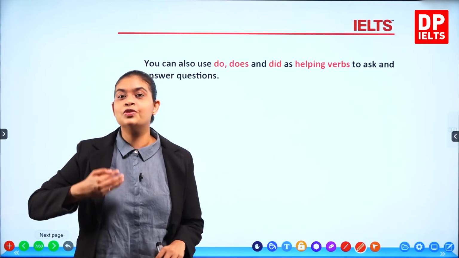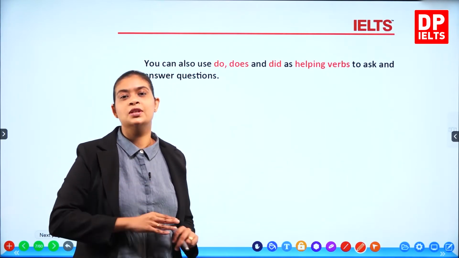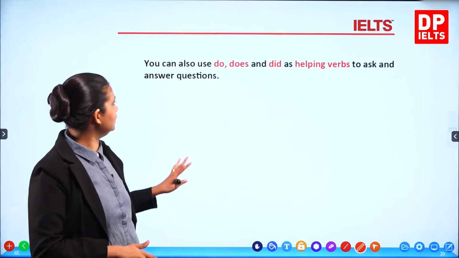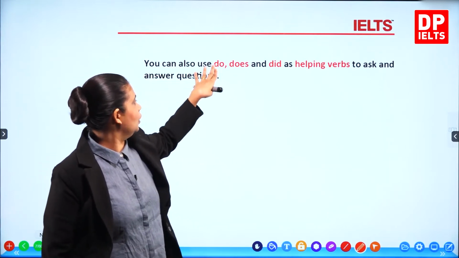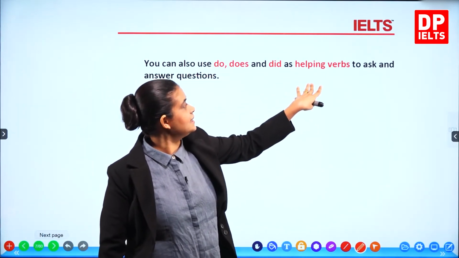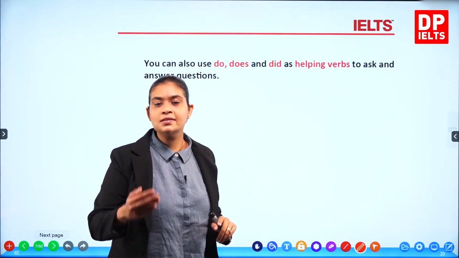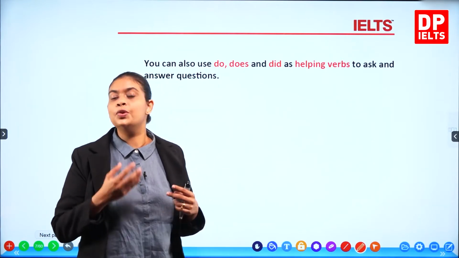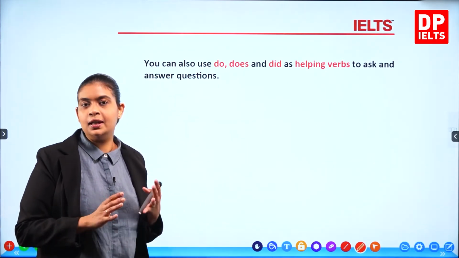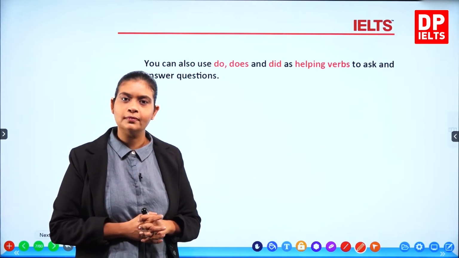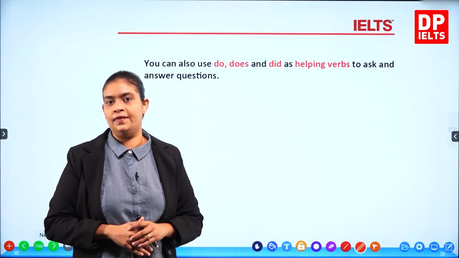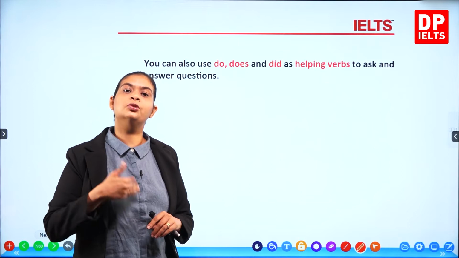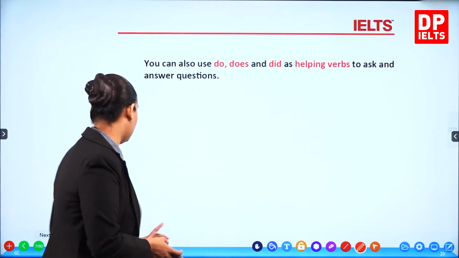Not only that, but also to answer or respond to questions, right? දැන් ඔයගොල්ලන්ට එතකොට තේරෙන්න ඕනේ මෙතන you can use do, does and did as helping verbs to ask and respond to questions. ඒ කියන්නේ අපිට do, does සහ did කියන මේ helping verbs තුන sentences වලට විතරක් නෙවෙයි. අපිට ප්‍රශ්න අහන්නත් පාවිච්චි කරන්න පුළුවන්. ප්‍රශ්න වලට උත්තර දෙන්නත් මේ වචන තුන පාවිච්චි කරන්න පුළුවන්.